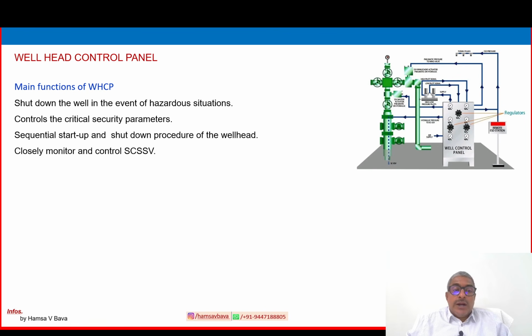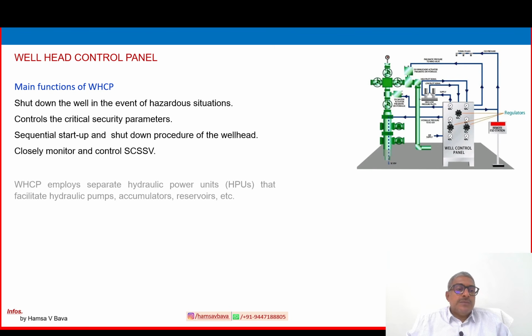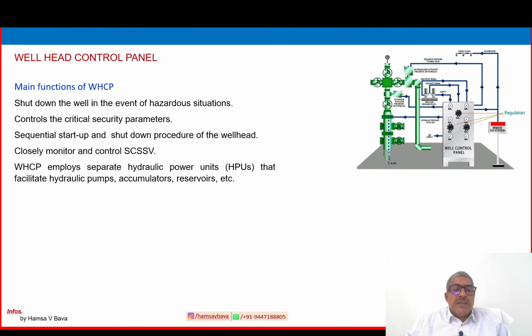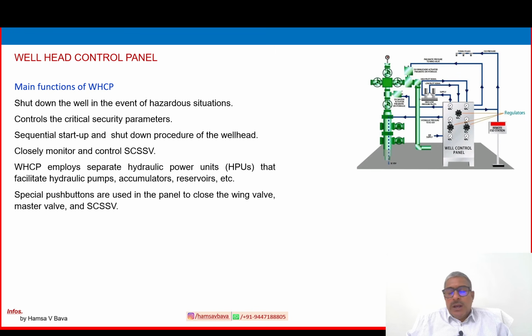Closely monitor and control the surface controlled subsurface safety valve. The wellhead control panel employs a separate hydraulic power unit that includes a hydraulic pump, accumulator and reservoir. Special push buttons are used in the panel to close the wing valve.